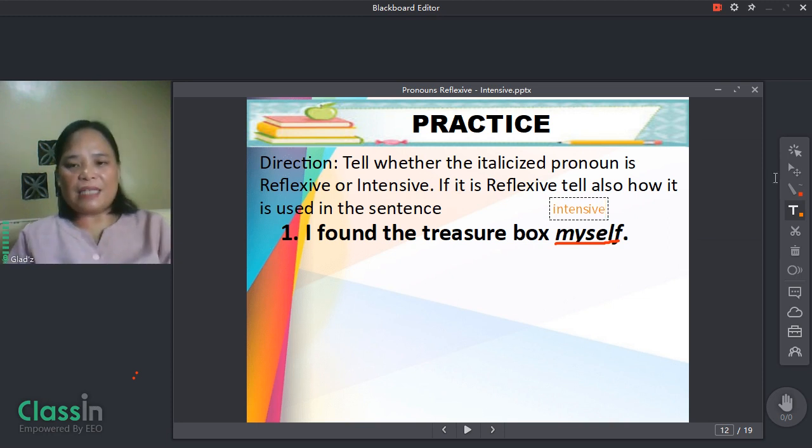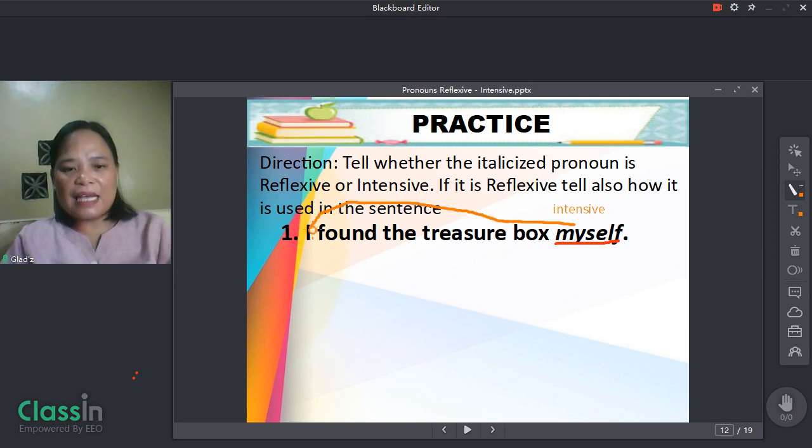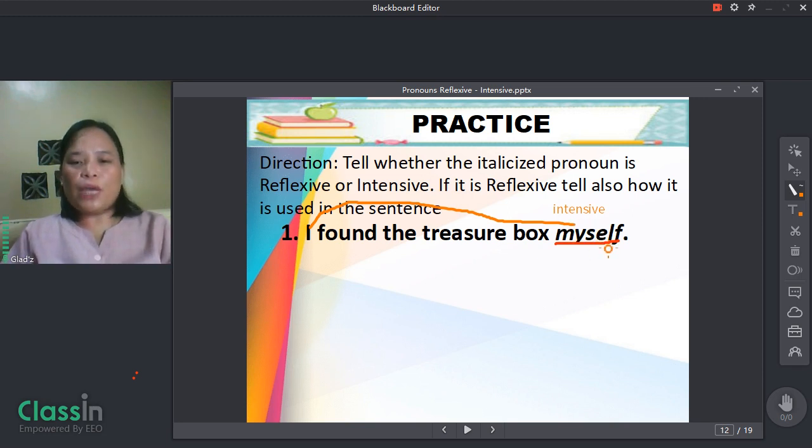Why intensive? Because it just emphasizes that I is the one who found the treasure. Whether we remove this or not, the sentence is still complete. So is it clear?